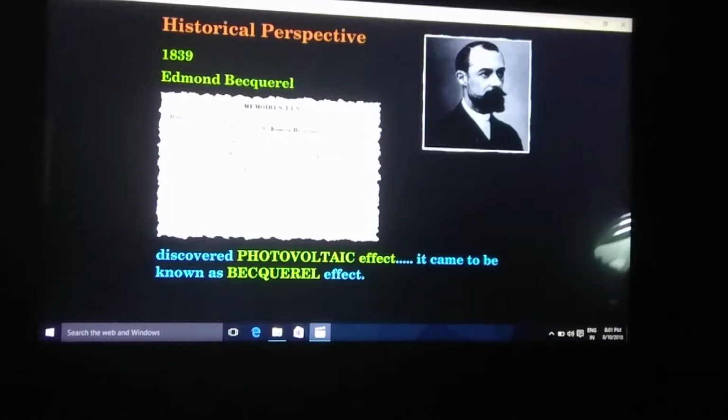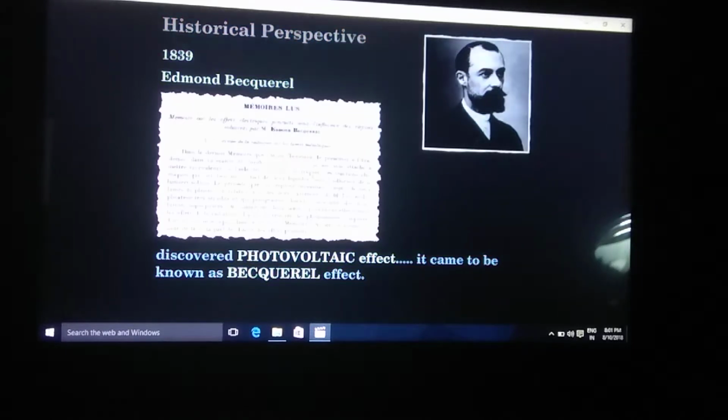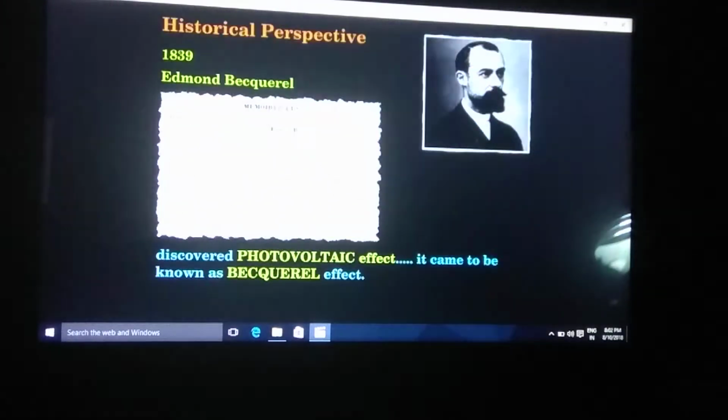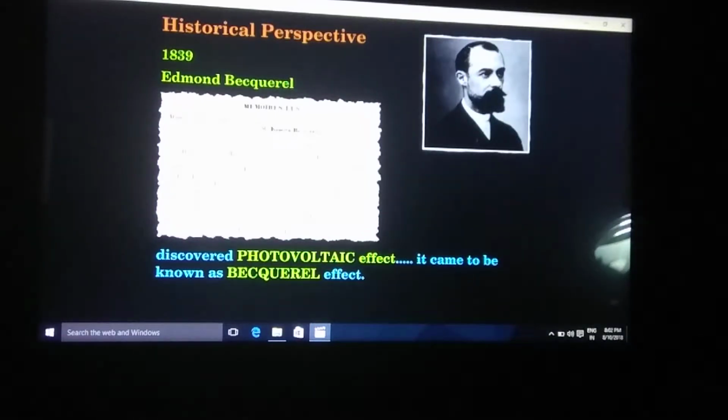He was working in his father's lab, wherein he discovered that when light was shone upon the electrode dipped in an acidic medium, current flows through the electrodes. He later on published the results in the memoirs, and this represents the very first publication on photovoltaic effect. He came to be known as the father of photovoltaics.